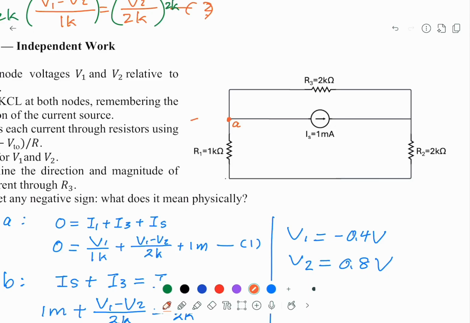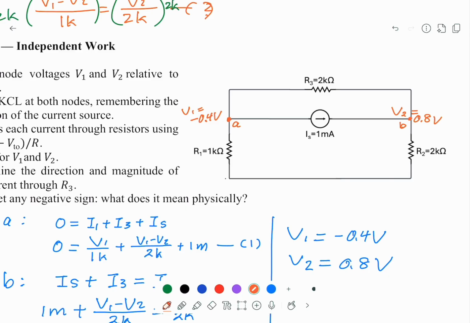So this is minus 0.4 volt. B, we found it is equal to 0.8 volt. This is our V2. And this is our V1.